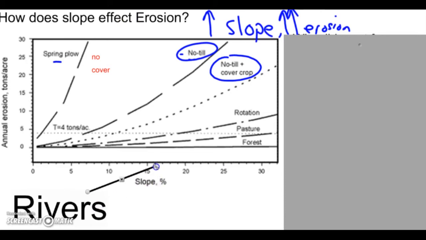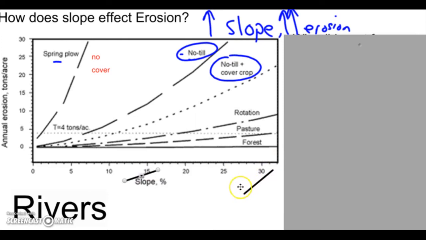Here's a slope at maybe 15. Here's a slope at probably 30. Right here, 30% slope, so I'll leave this here to indicate 30. And here is a 15-degree slope.